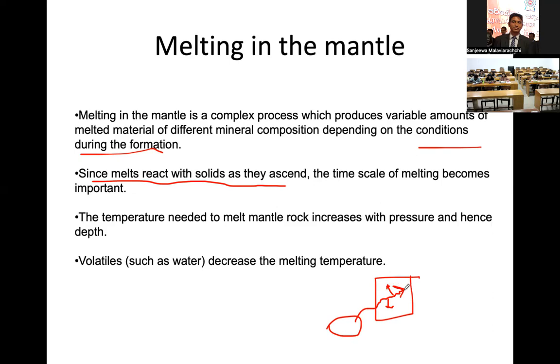If reactions take place, then the coming out melt will have a different composition. So that does not characterize the original composition that you expect it to have. The original composition will not be the same as the second stage melt, because it has already reacted or has some modifications during these wall rock reactions or melt rock reactions.